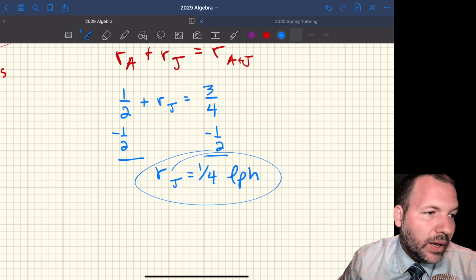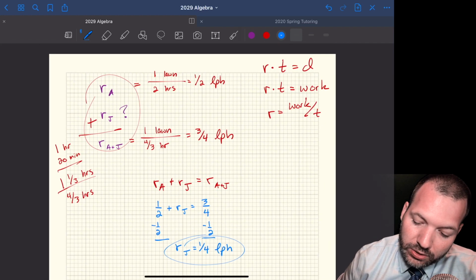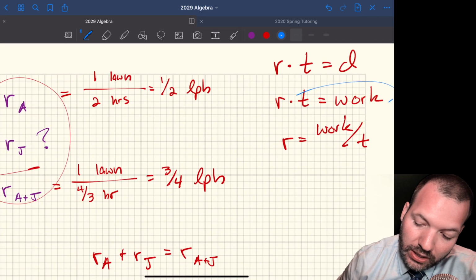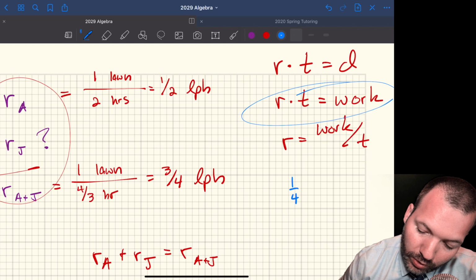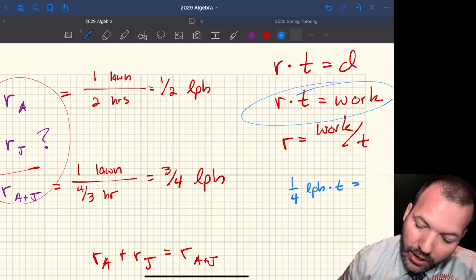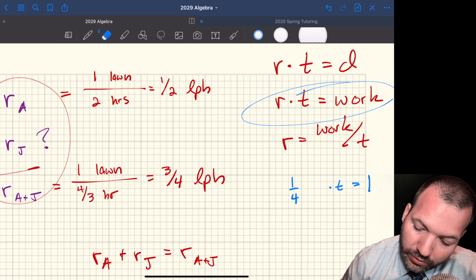Now, you want to be careful about how you state this. It says, how long would it have taken Jamal to do the job himself? So let's come back to our R times T equals work equation. If Jamal's rate was 1/4 of a lawn per hour times some amount of time we don't know, and that equaled 1 lawn, how would I solve this for T?